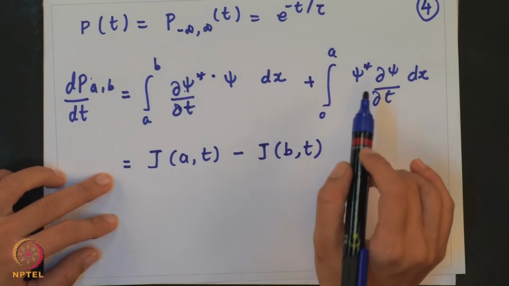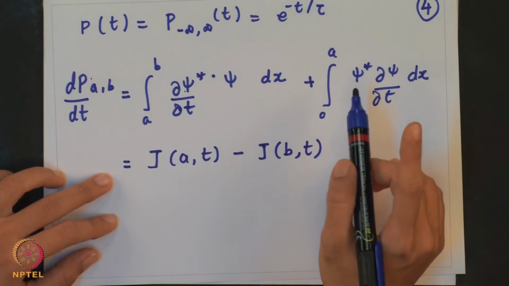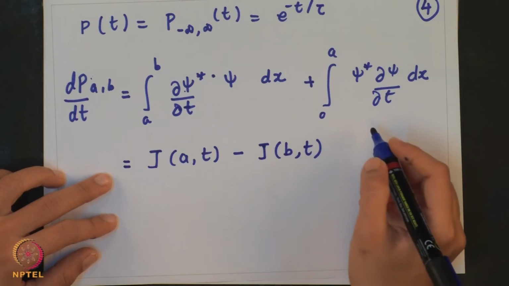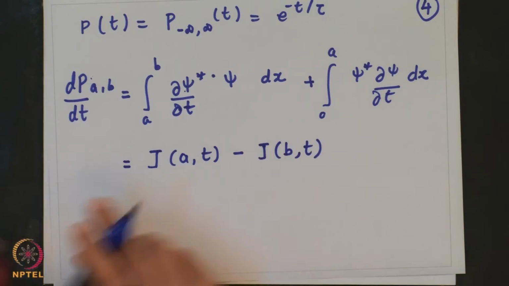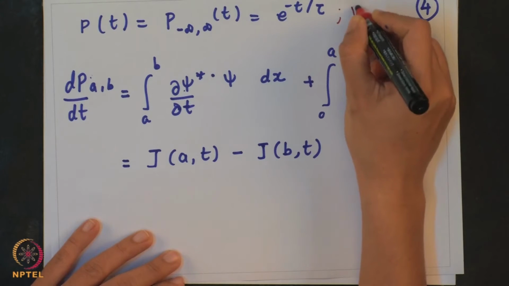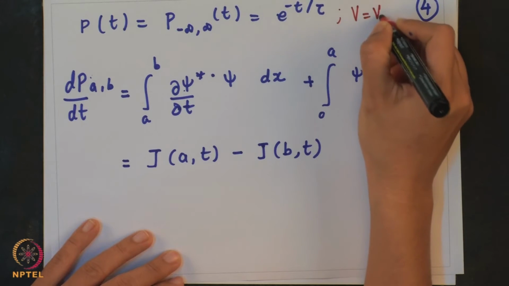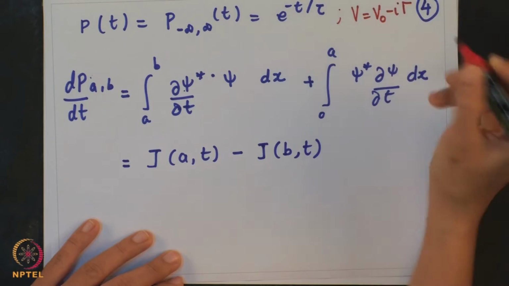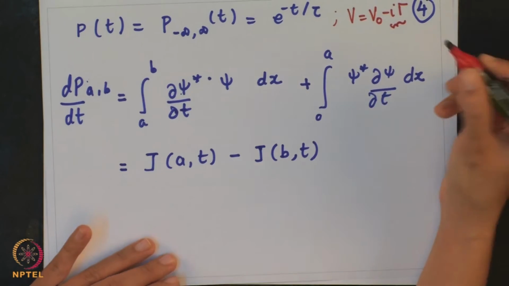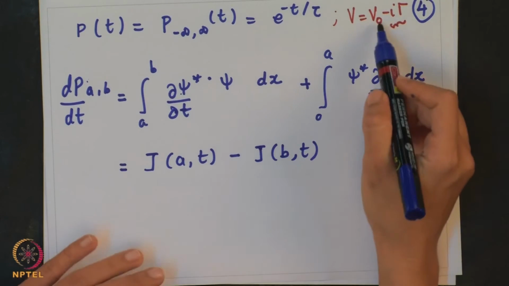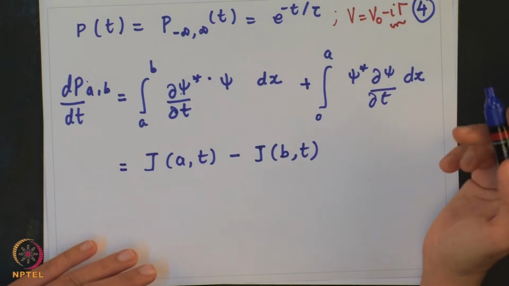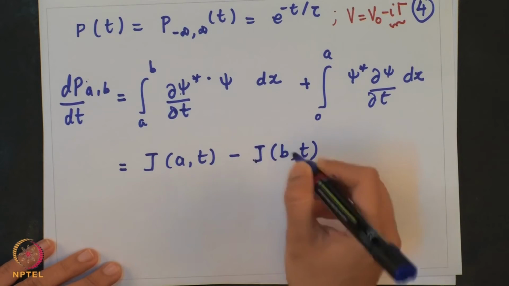Only we have the additional contribution coming from the potential. Now, the potential here is, remember, V is nothing but V naught minus i gamma. So, the additional contribution will come from i gamma. V naught and gamma are real.